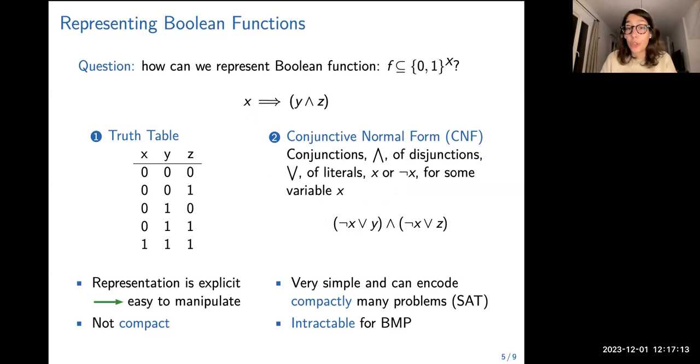It's one line, so you can see it's very simple, and you can use CNFs to encode very compactly and in a very succinct form many problems, including SAT. But they're so compact and succinct that many of the problems, if you only use a CNF, are intractable, unless you have some additional structure. And this is the case also for us, unfortunately, for the Boolean maximization problem, for computing this W of f.